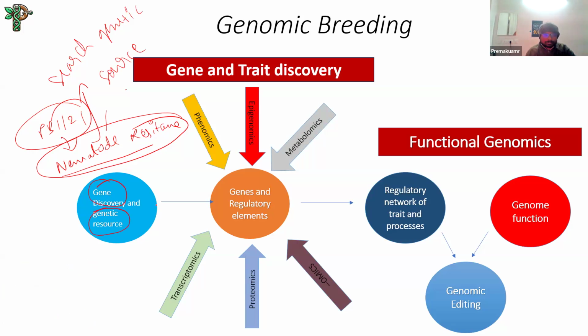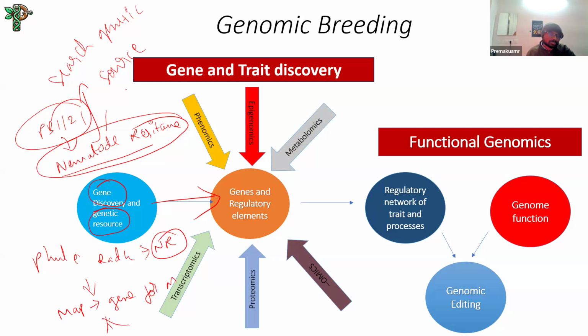Then after that, we have to understand the molecular mechanisms. For example, I have identified Pulerada as a nematode resistant variety. Then the next step is to map the genes for nematode resistance. You can use QTL mapping or association mapping.